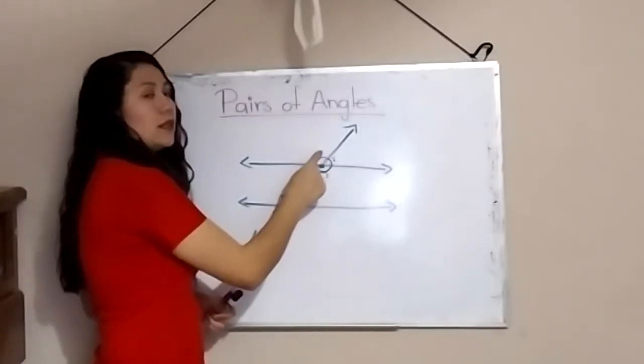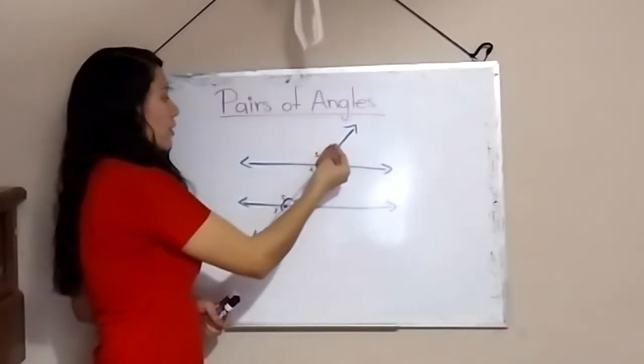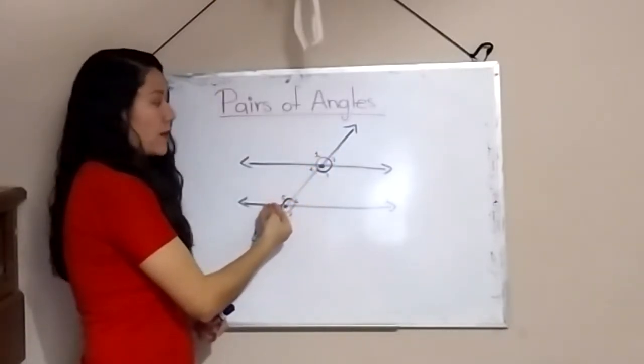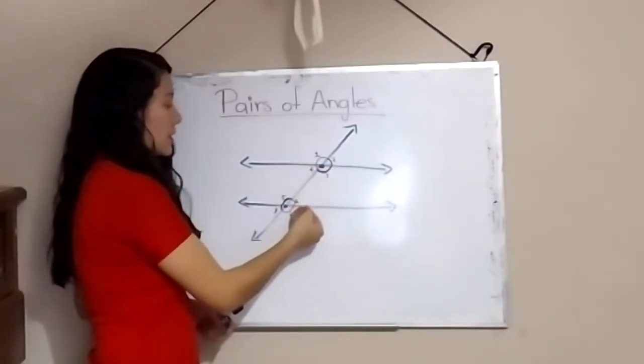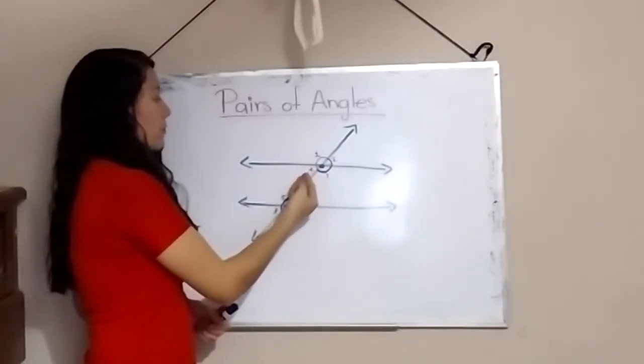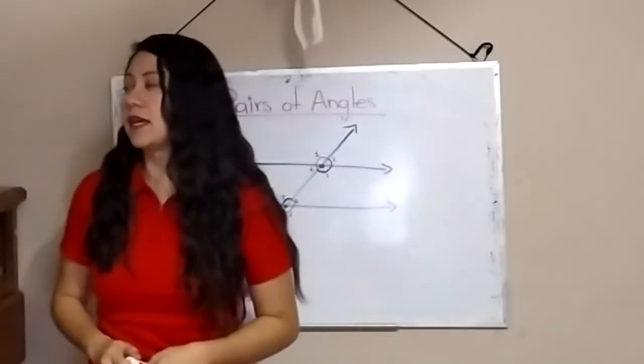And the corresponding also have the same measurement to each other. Number 1 measures the same as number 5, 2 measures the same as 6, 4 measures the same as 8, and 3 measures the same as 7.